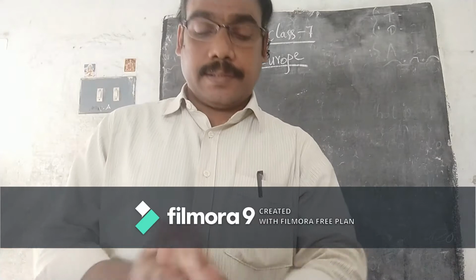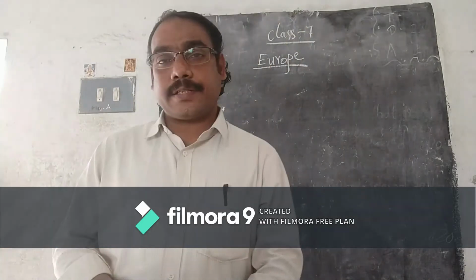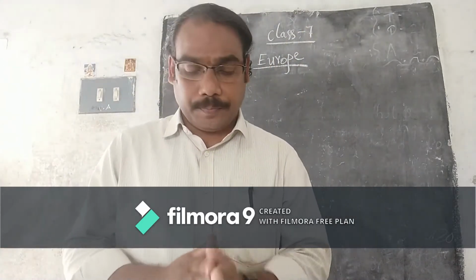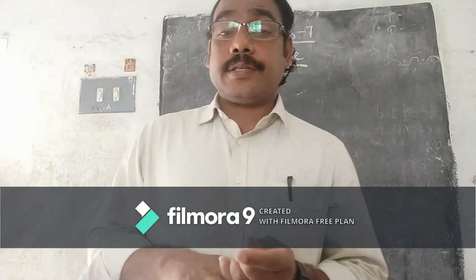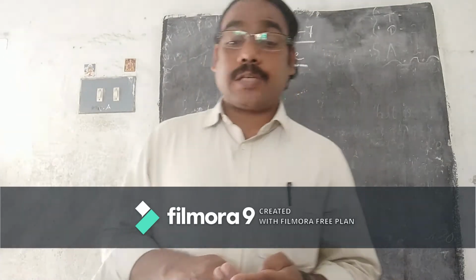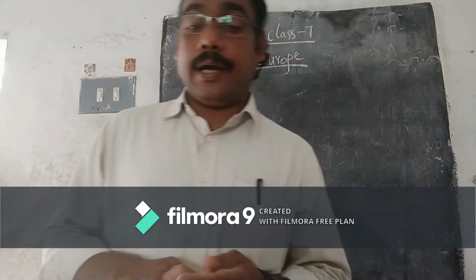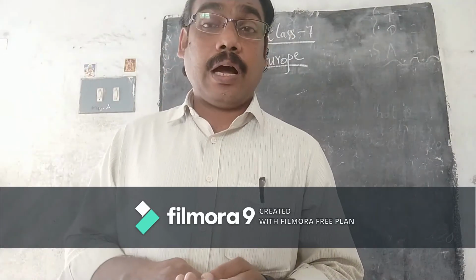So, in the last class we were discussing the continent Europe. We will continue with that. Already we had discussed the location of Europe. It is north of Africa, west of Asia, south of the Arctic Ocean and east of the Atlantic Ocean.